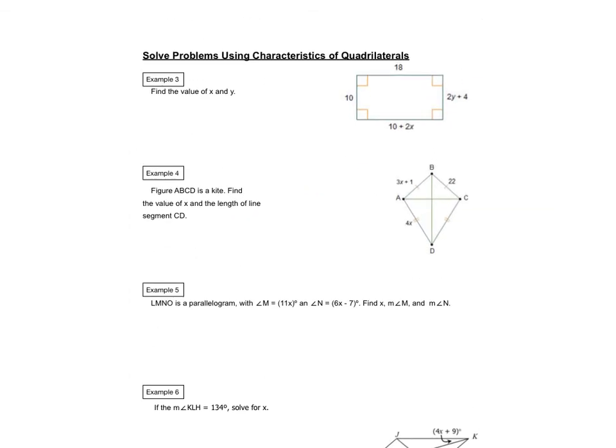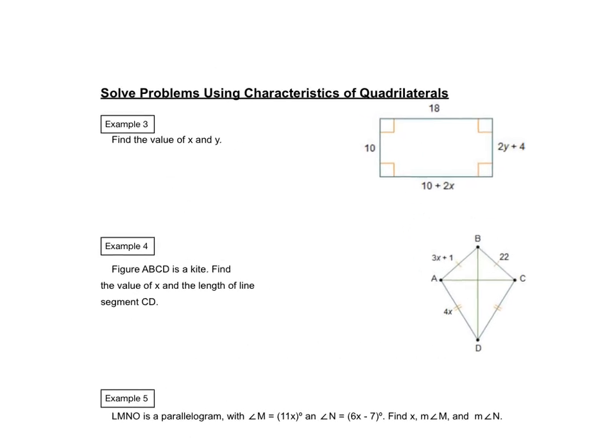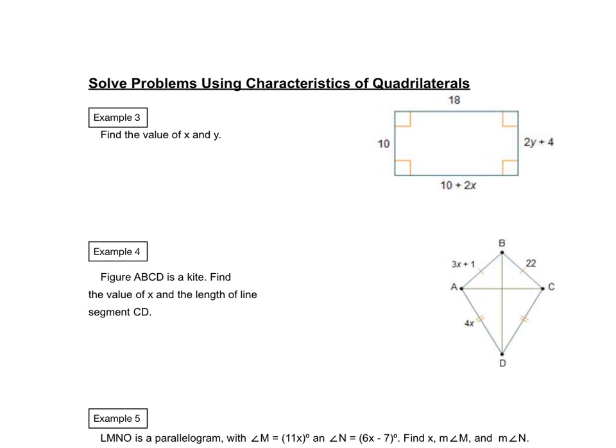Here are some examples to take away from our assignment today. We want to solve problems using these characteristics. If I look at example number 3, it says find the value of x and y. Well, I know that this is a rectangle, with 4 right angles.